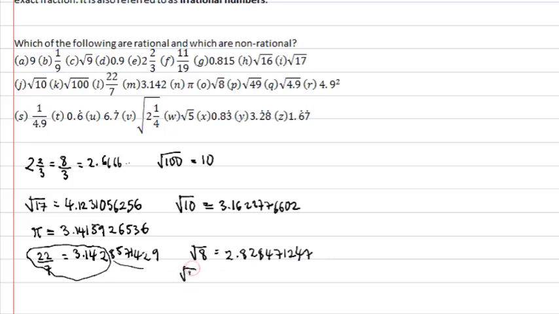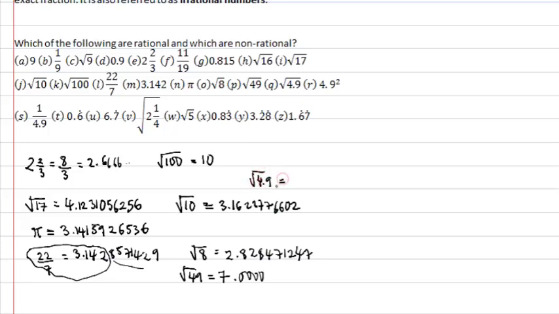There are square roots like 49 that have one value. Square root of 49 is 7, so this one is a rational number, because you can even make it reoccurring like 7.0000, but it's still 7. Okay, now square root of 4.9.